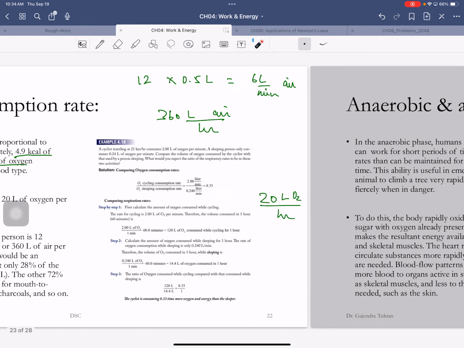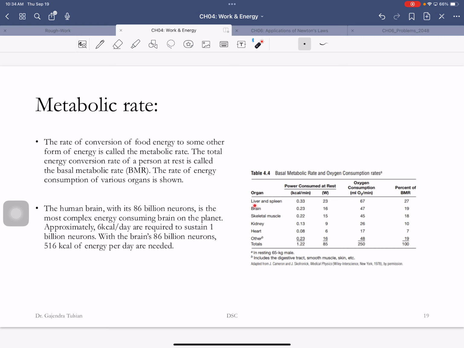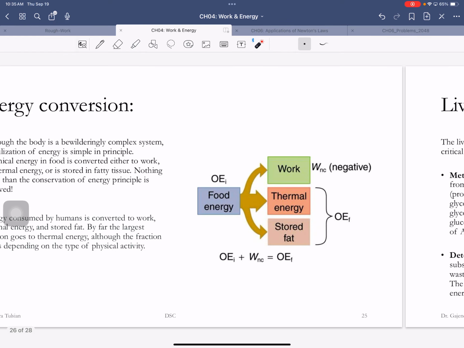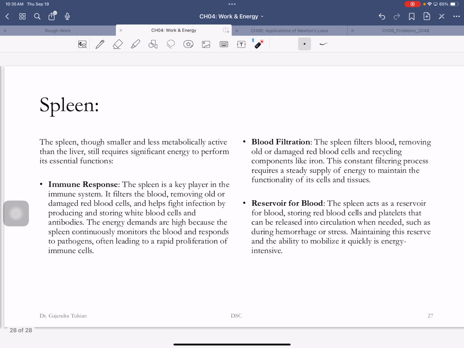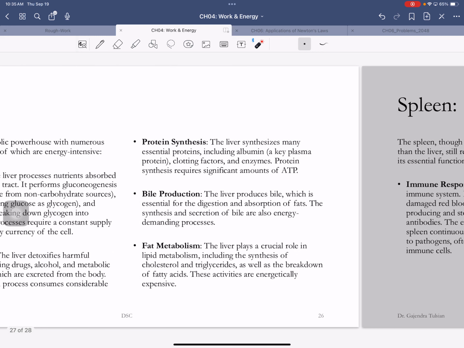The last 2 slides, so I just want to show you. Okay, so you guys saw that the liver and the spleen use 27% of your energy. Okay, so why is it that they need so much energy? And this is not in your book, but anyway, this goes through all the energy-intensive processes that the liver and the spleen do, and the reasons they need energy.